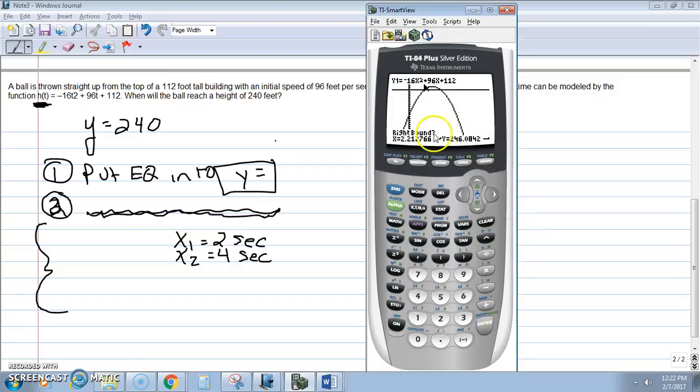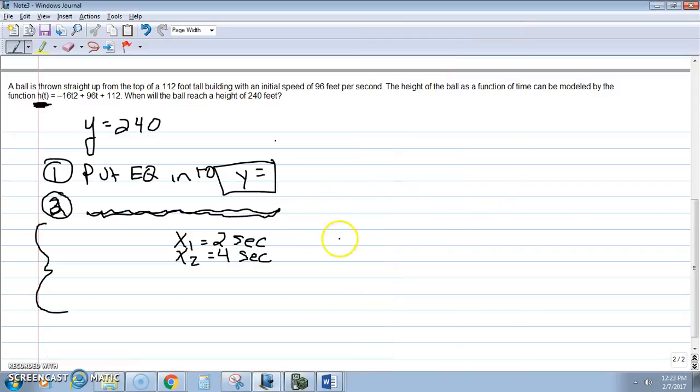Now it wants right of that point. So I need to arrow back over till I'm to the right of that maximum on this side. Enter, enter. I just entered twice in case you missed that. So my maximum is at 3 seconds. Okay, the maximum value is 256. So that's something else I could find.